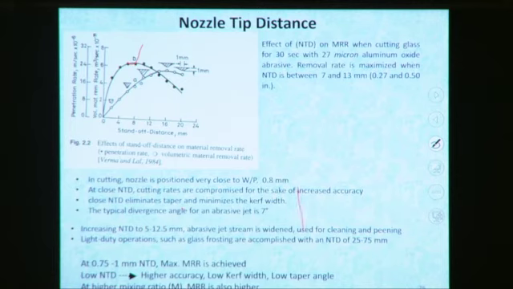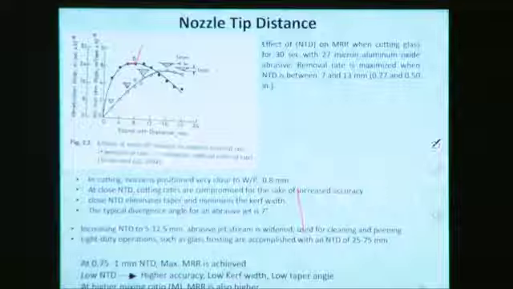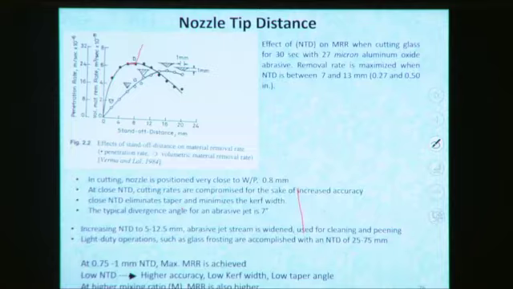If we reduce the stand-up distance, the abrasives don't get that much space for generating kinetic energy. So although we are getting high accuracy, your material removal rate will be compromised or reduced.